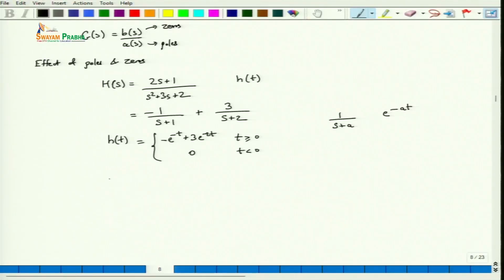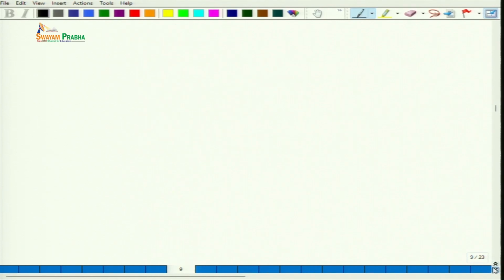Let us consider a case of H of s where we have complex conjugate poles. So let us consider a simple spring mass damper system scenario where omega n is the natural frequency and zeta is the damping.